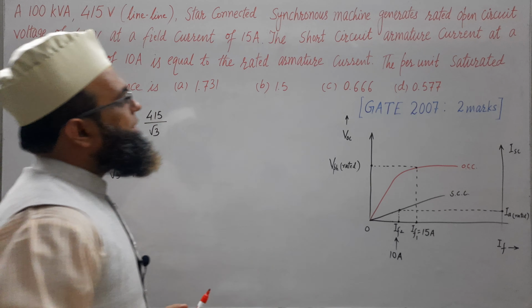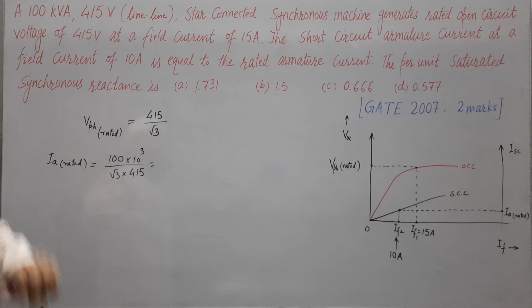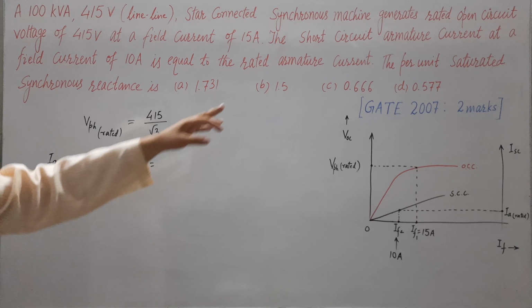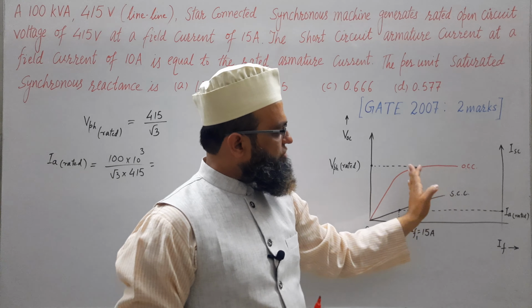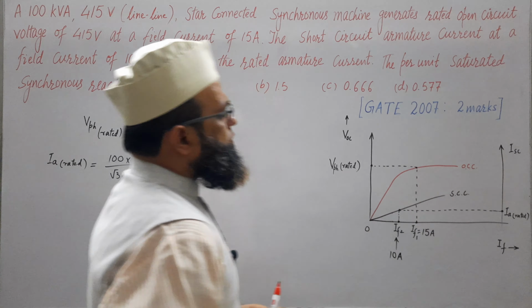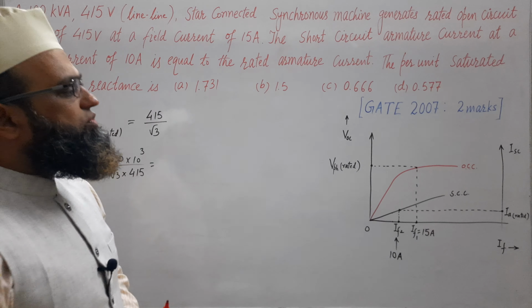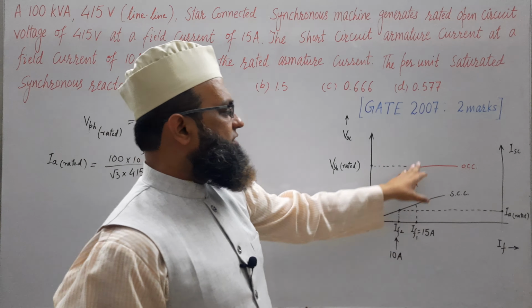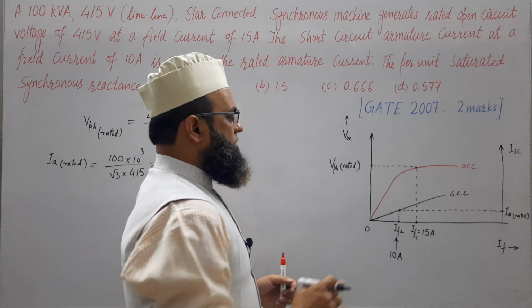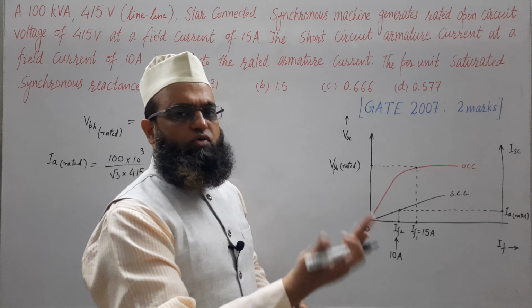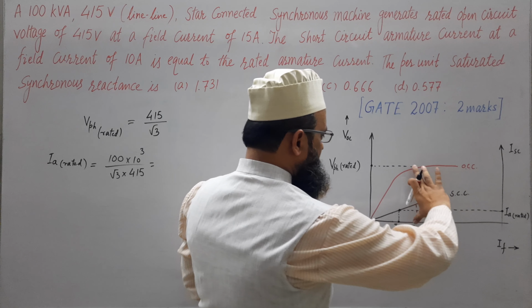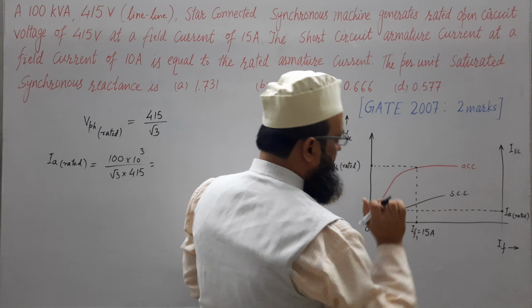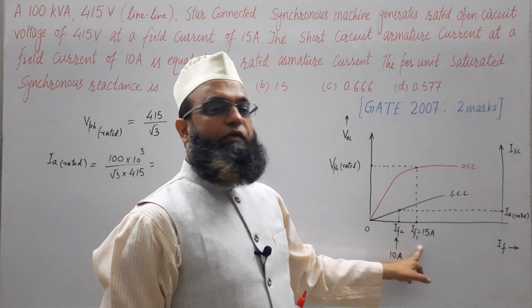We have to evaluate saturated synchronous reactance, not unsaturated, right? Saturated. For performance analysis, generally we evaluate at rated value, which is normally near to saturation. So we will take the ratio of open circuit voltage upon short circuit current at the same value of field current.